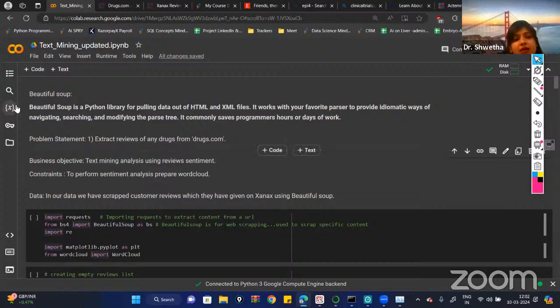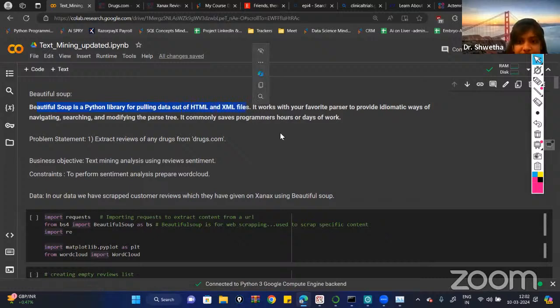Beautiful Soup is a Python library for pulling data out of HTML and XML files. It works with your favorite parser to provide idiomatic ways of navigating, searching, and modifying the parse tree. It saves programmers hours or days of work.